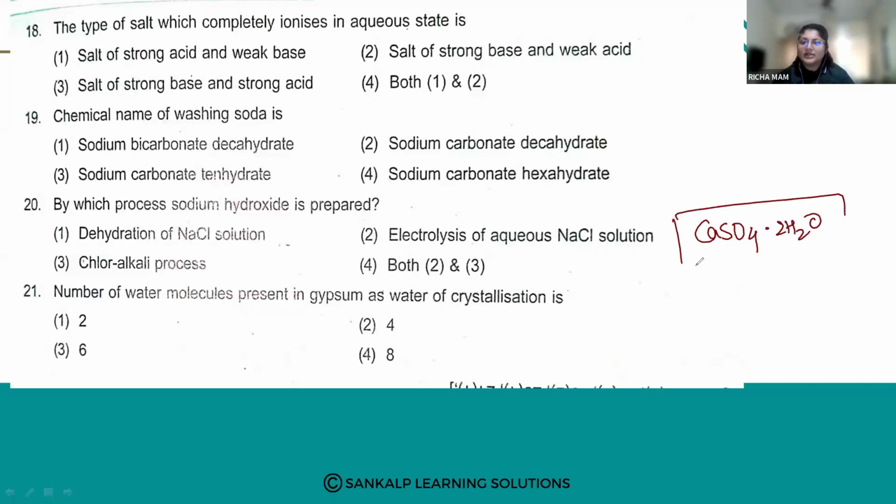Gypsum is calcium sulfate dihydrate, so it is associated with two water molecules. Is it clear up to here?